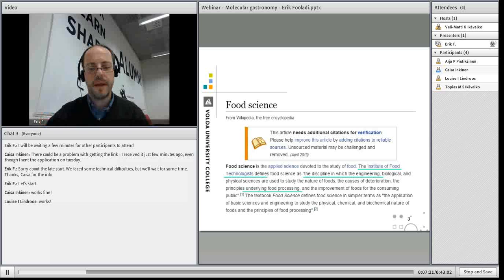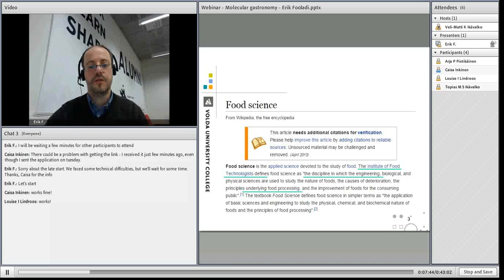It says that the Institute of Food Technologists, so there are some technologists around here, they define the discipline which is the engineering, so it has to do with engineering, biological and physical sciences underlying food processing.